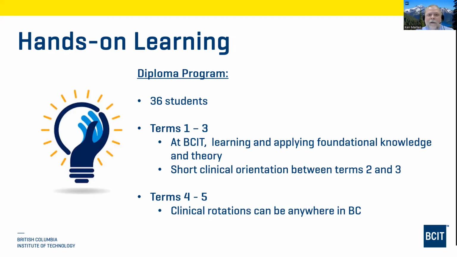Now, with regards to clinical, we try to place you in the Lower Mainland. However, because we are a provincial school, we will ask you to be placed in a preferred location somewhere in the province. This could include the interior or Vancouver Island.